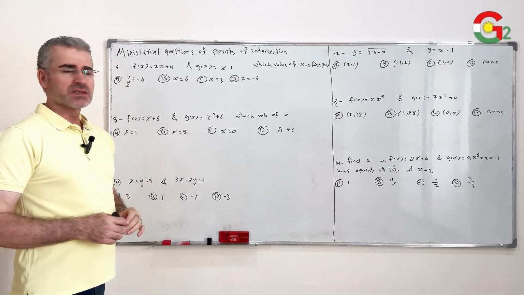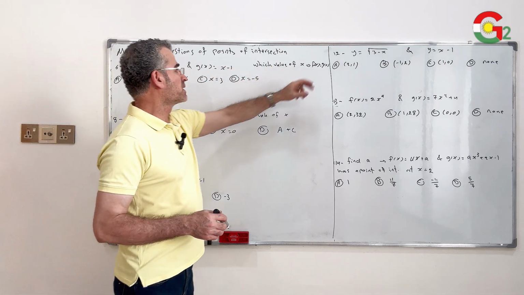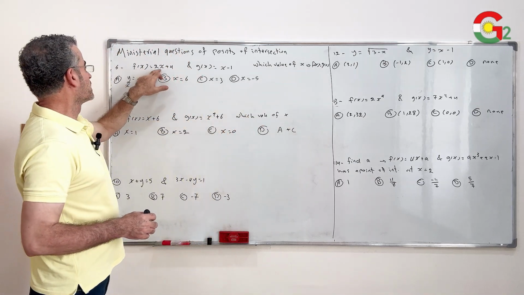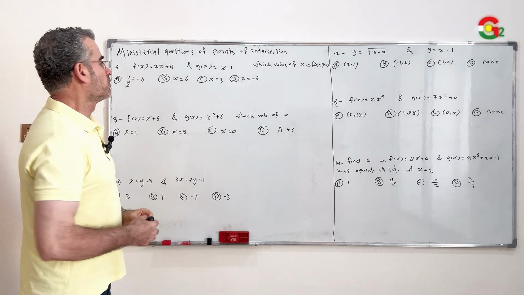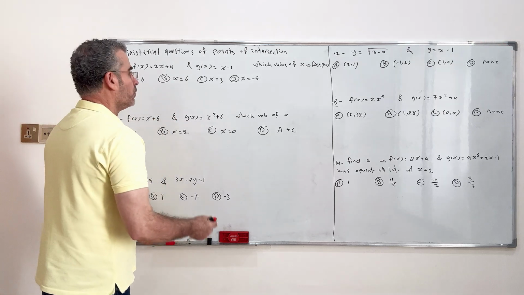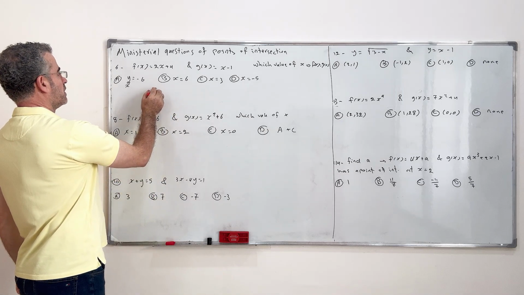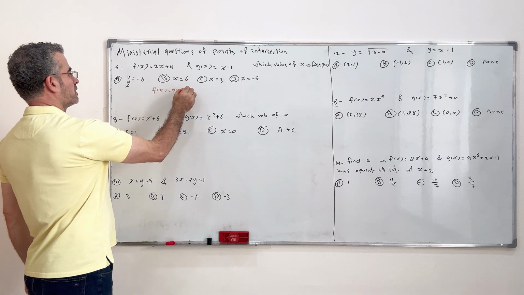Question number 6. Find which value of x verifies f of x equal to g of x, where f of x is 2x plus 4 and g of x equal to x minus 1. Let us solve this question and see which value verifies f of x equal to g of x. Set f of x equal to g of x.